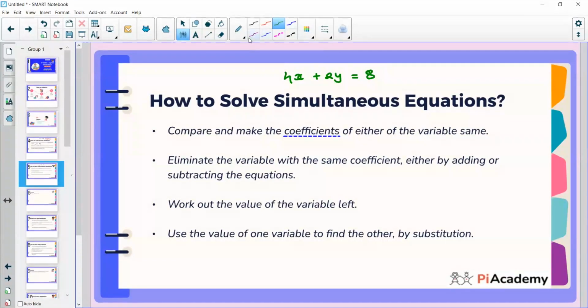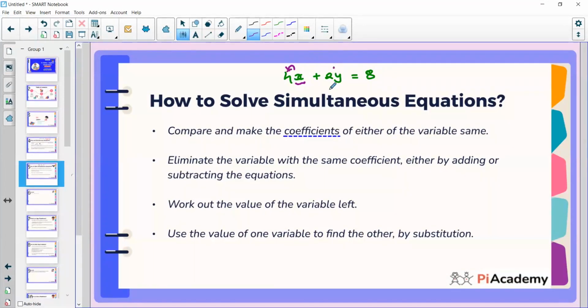So you know what the coefficient is? We say the coefficient of a variable, or coefficient of x. It's nothing but the number the variable has in front of it. That is known as the coefficient. So over here, for variable x, we got 4 as the coefficient because 4 is the number ahead of the variable.